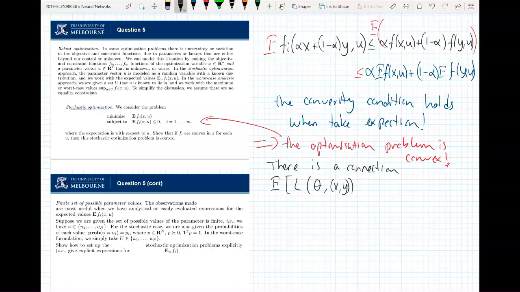These are the data points. If I write this, that would be the same as 1 over m, as we were discussing, sum over i equals 1, of L theta x_i y_i pairs, right? So there is this connection between this stochastic optimization formulation and the formulation we were discussing.